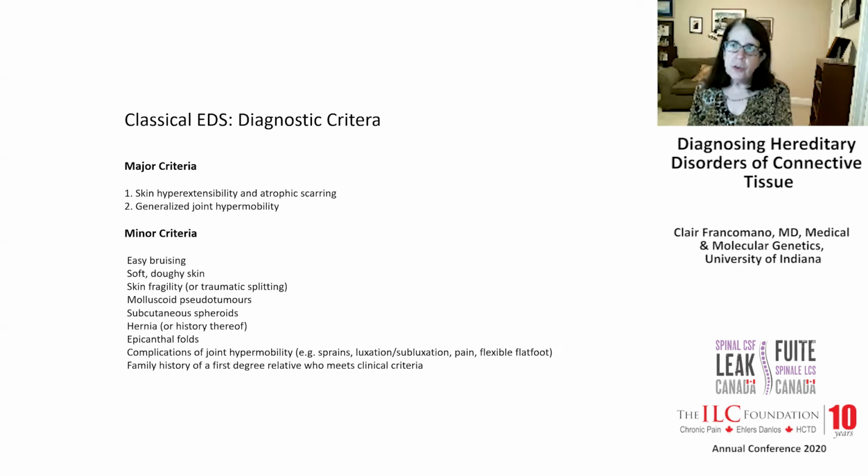Now, moving on to the less common forms of Ehlers-Danlos syndrome, I think the classical type of EDS is probably the next most frequent type, next to the hypermobile type. And in the classical type of Ehlers-Danlos syndrome, we have two major criteria, which are skin hyperextensibility and atrophic scarring, and then generalized joint hypermobility.